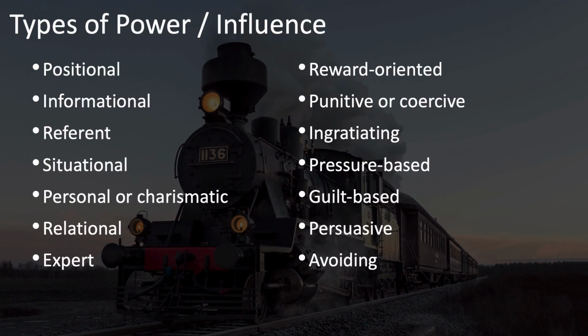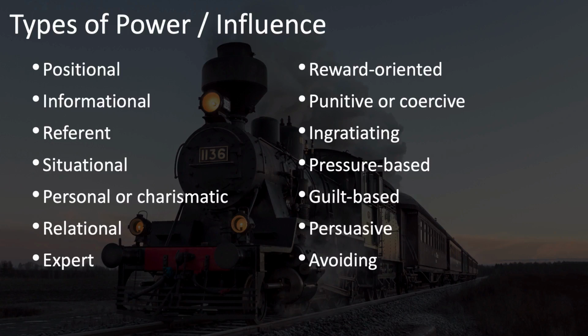Pressure-based power influence is when you have the ability to somehow limit someone's choices or freedom, especially in their job environment, and that you can use this to try and get them to provide or do what you want them to do. Guilt-based power influence is when you guilt someone into doing something, often by appealing to their sense of duty or obligation.